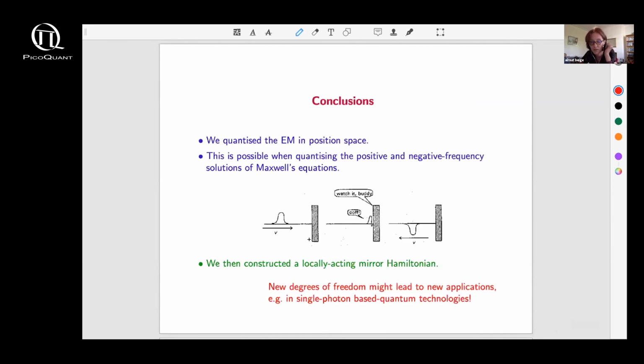Here we only use this to construct locally acting mirror Hamiltonians. But the idea that photons might have extra degrees of freedom like negative frequencies will hopefully also give us new applications for single photon-based quantum technologies, just to connect it back to the topic of the conference. But there are, of course, many interesting questions related to causality and the foundations of quantum physics as well.